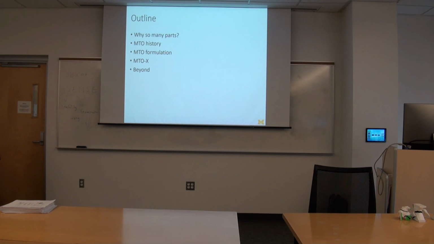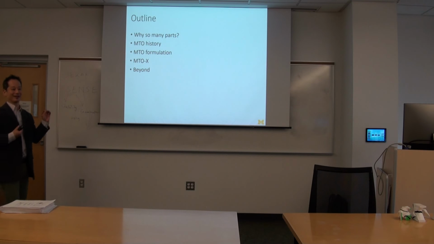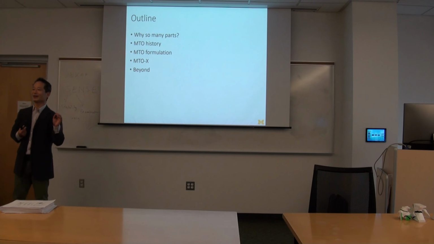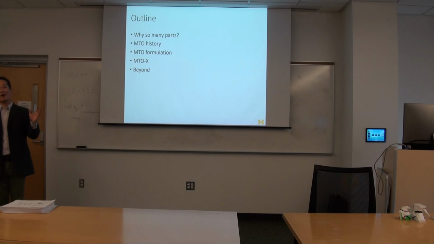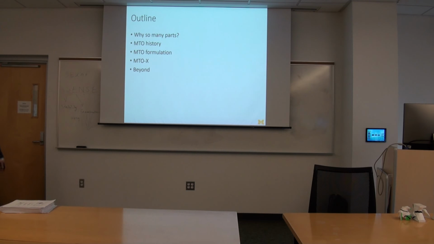Okay, so the outline today. I wanted to spend some time convincing you, hopefully, why there are so many parts in many of the structural products you see out there. My claim is that it is due, in part at least, to the manufacturability of the chosen manufacturing process used to produce the product.